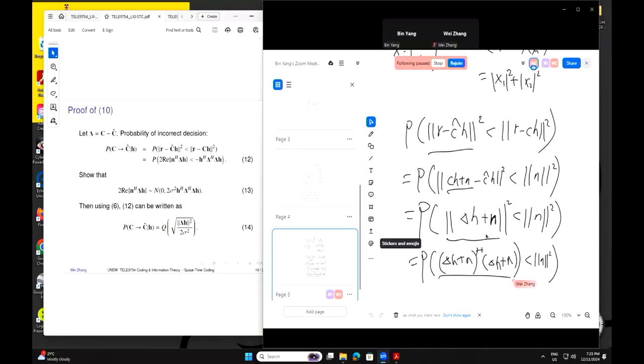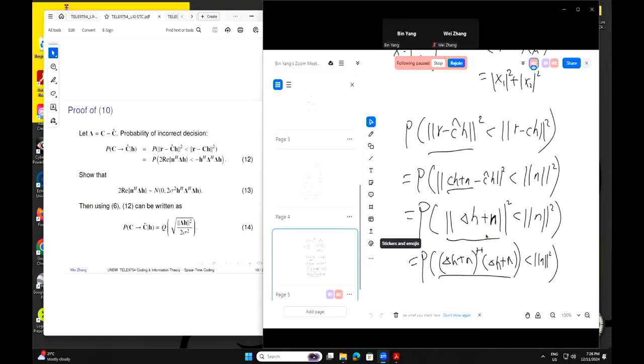I write the norm square as its Hermitian times itself, like x Hermitian times x. Is that correct? I see you nod, so you can follow.